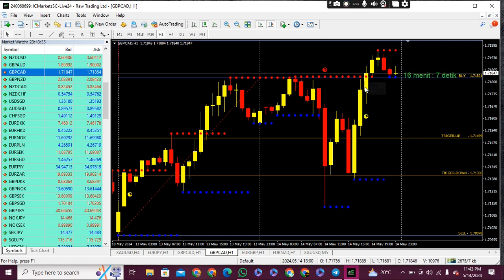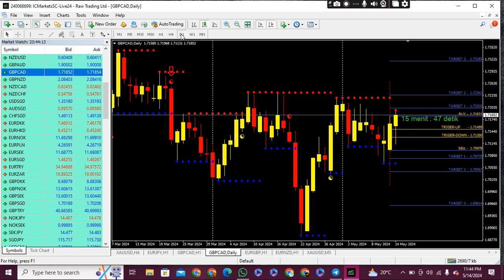For re-entry, we also had a breakout around this level, so it's not a valid trade to get in, but it's going to come through for us in the next few days because the trend is still a downtrend, though I know it's a bit mixed up even in the daily time frame.